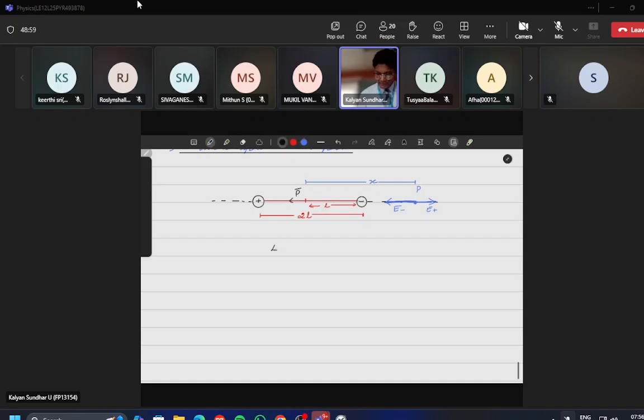Now here you will be finding the electric field at point P. So what will be the value? E equals E minus minus E plus.